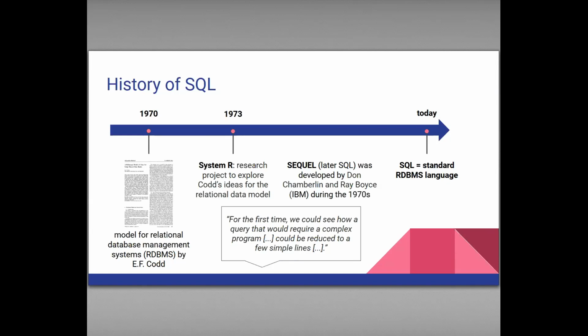Even they were very surprised how easy this language turned out to be. They said, for the first time, we could see how a query that would require a complex program could be reduced to a few simple lines. As you can see later, SQL is very similar to simple spoken English, so to say.